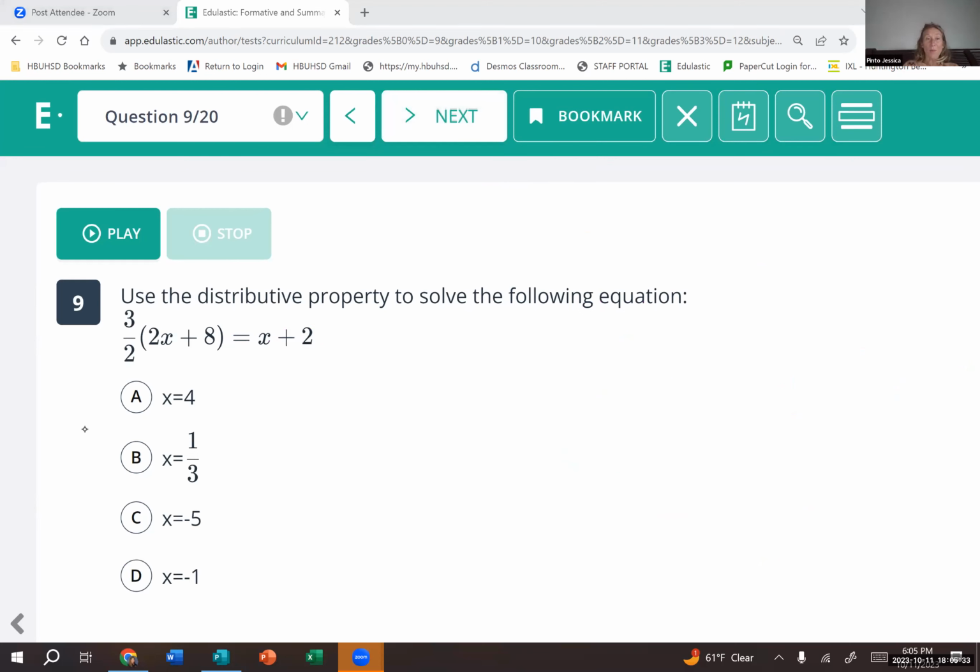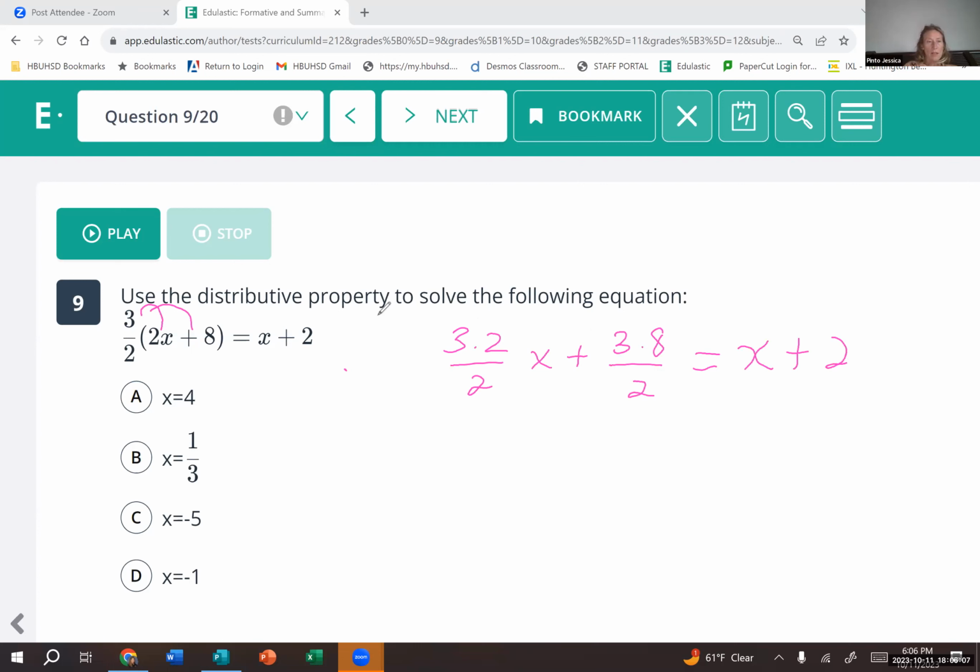Aha, this is our first problem that has variables on both sides. So seeing this, let's start. Again, we've got parentheses, so we have to distribute. And then that's going to be 3 times 2 over 2 x plus 3 times 8 over 2 is equal to x plus 2.